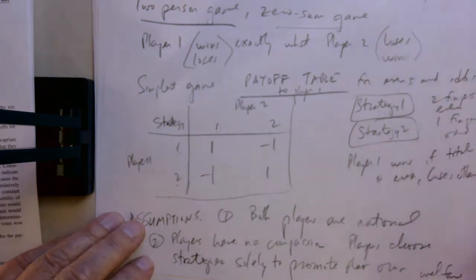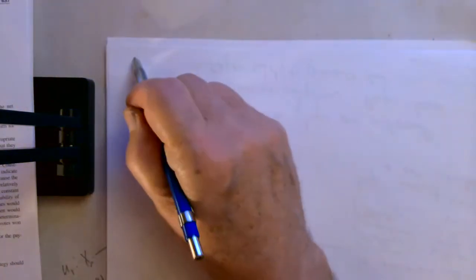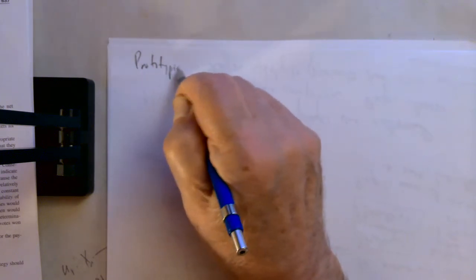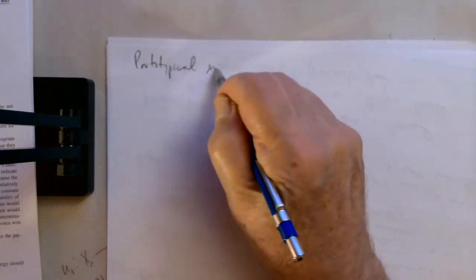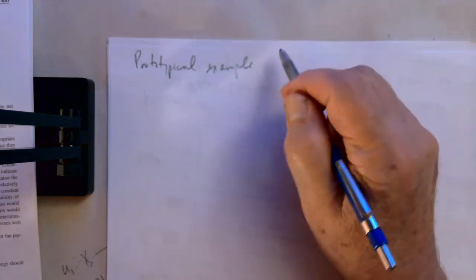So there is a prototypical example that will be used a lot in this chapter, and it is the following. So this is the prototypical example.